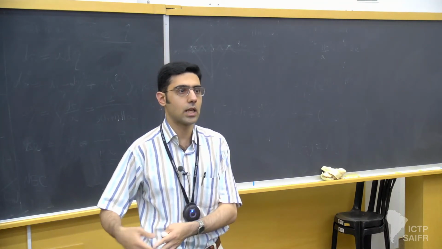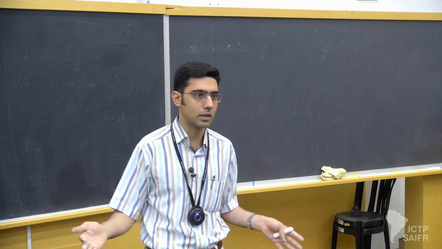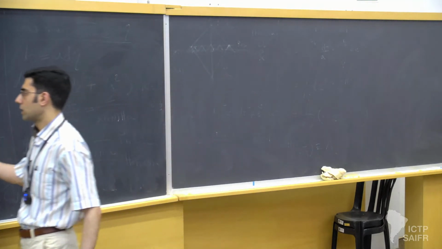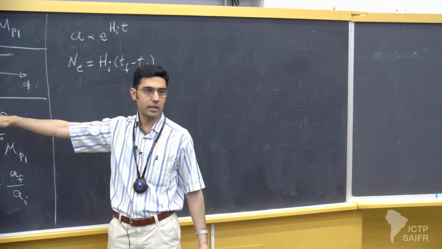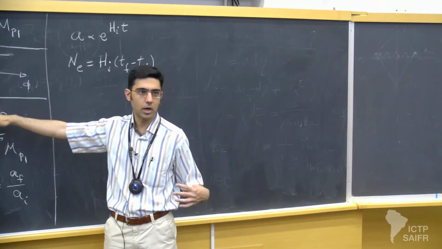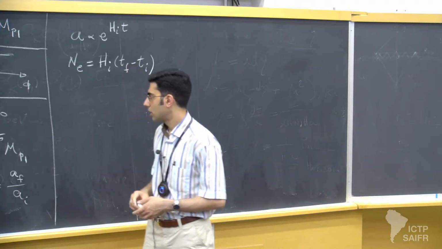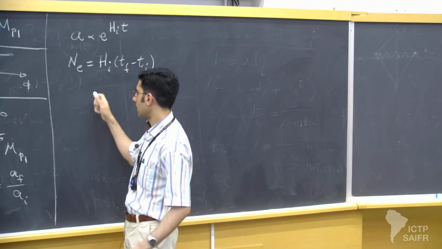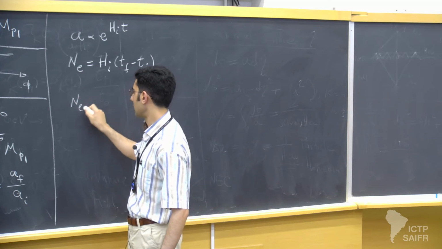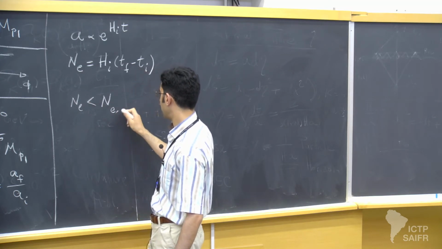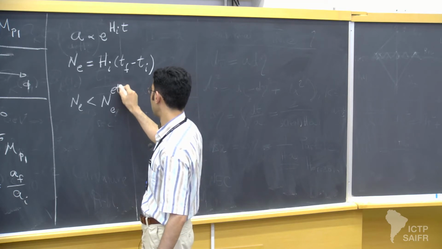For any scale of inflation, you can have as many E-folds as you want. While this condition was derived to solve the observational problems with the Big Bang cosmology, there is another condition, N_E less than some N_E, let's call it eternal.